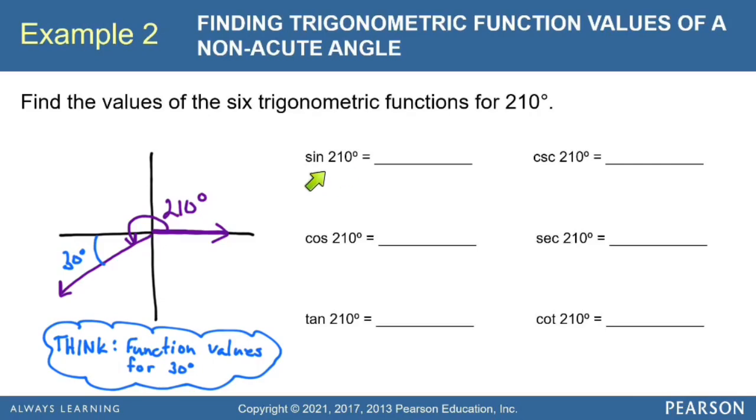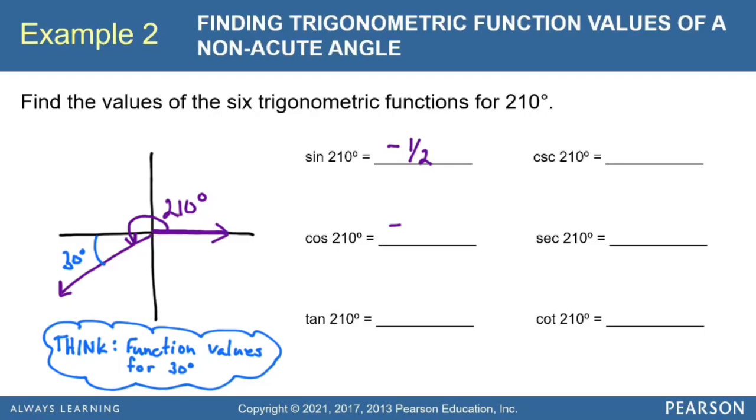So now let's start with the sine of 210 degrees. 210 degrees is a third quadrant angle, so we know that the sine function will be negative in the third quadrant. And then for the number part of it, we just need to think about the sine of 30 degrees, which we know is 1/2. So the sine of 210 degrees is negative 1/2. For the cosine of 210 degrees, again, we remember that cosine is negative in the third quadrant, so let's put our negative down.